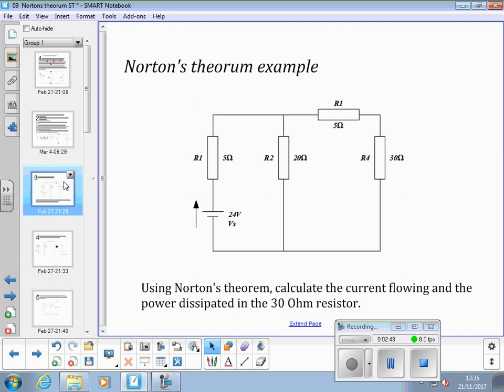So we're looking at R4 here as our resistor of interest. However, there is a caveat with Norton's theorem that you have to take out everything in that leg. So you have to take that R1 out as well. Okay? To take everything out that's in the leg that you're interested in.